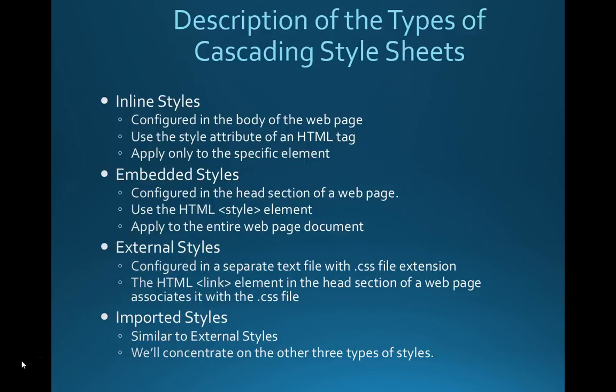So they're all nice and grouped. That's an embedded style sheet, but it's still within the page. And the third option is that we have a separate file and our HTML simply links or points to that CSS file. This is the best way to do it. And then, of course, we have the imported, which is similar to external styles.